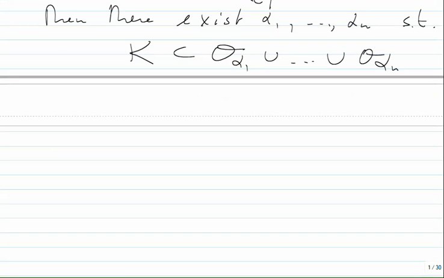By duality, by taking the complement, we can also come up with what's known as the Cantor intersection property.